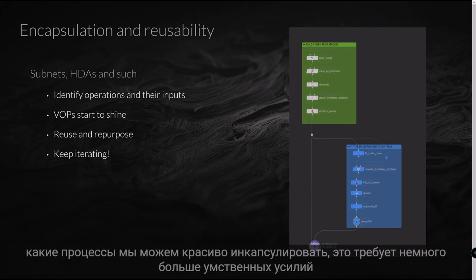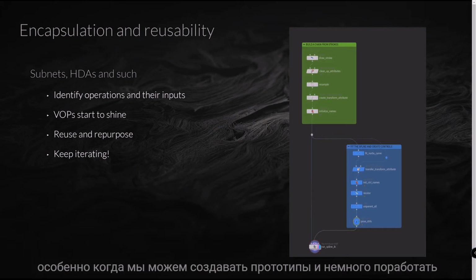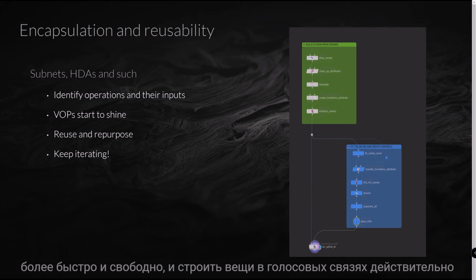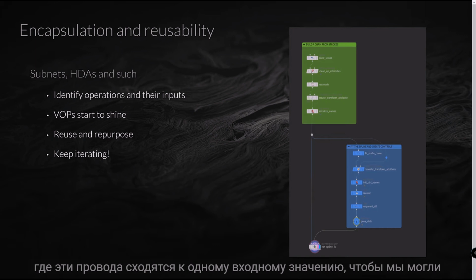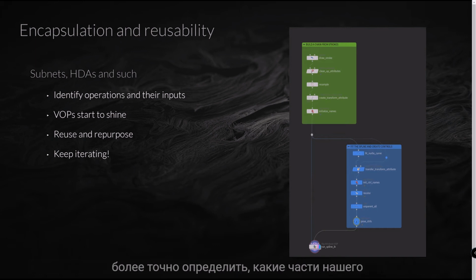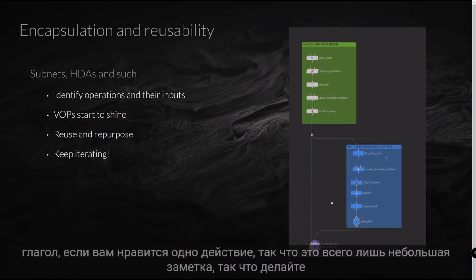It becomes a bit more of a mental effort, especially when we might be prototyping and working a bit more fast and loose. Building things in VOPs is really nice because we can see the input wires to our various functions, and we can see where those wires converge onto a single input value. So we can identify more easily which parts of our network we can wrap up into a single verb, if you like, a single action.